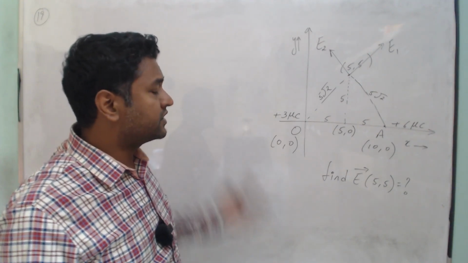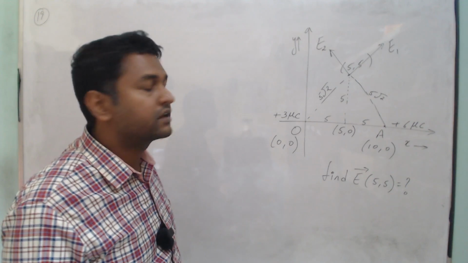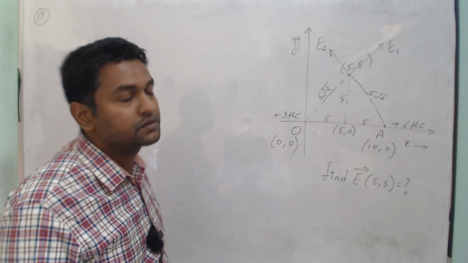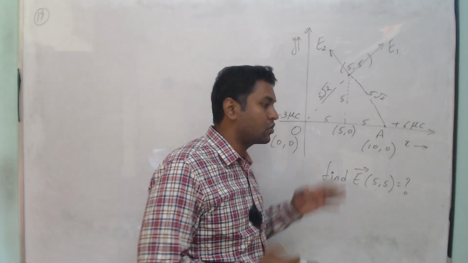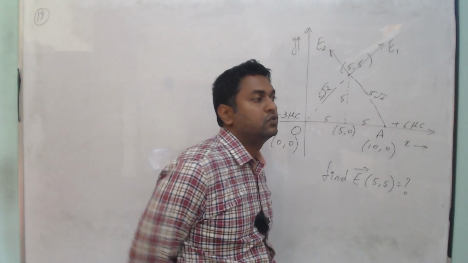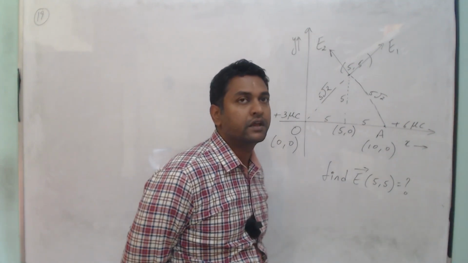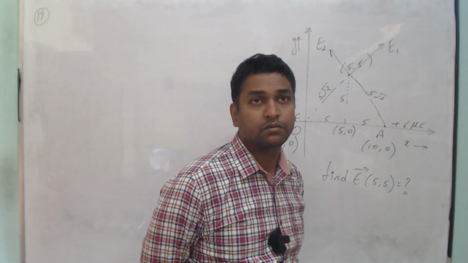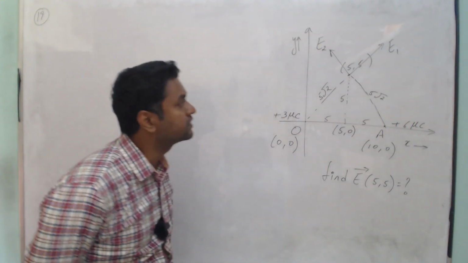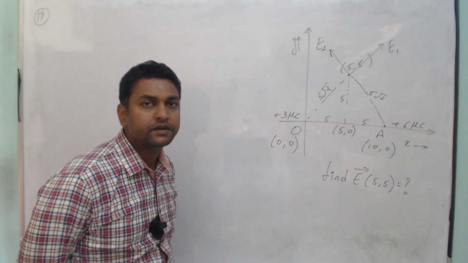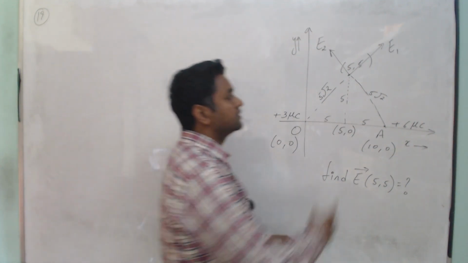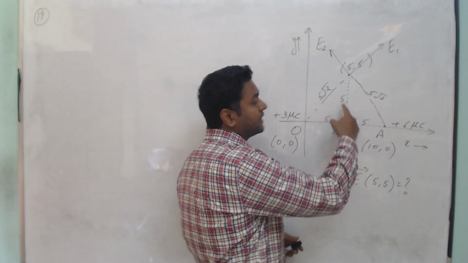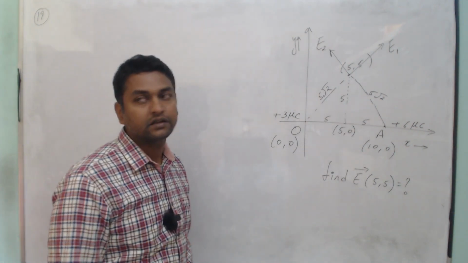There are various ways in which I can utilize the symmetry situation. In this question, I am not using the symmetry in the electrostatics way per se, but rather I am using the symmetry in a very basic geometric sense, school geometry sense. What do I mean? This is a right angled isosceles triangle.